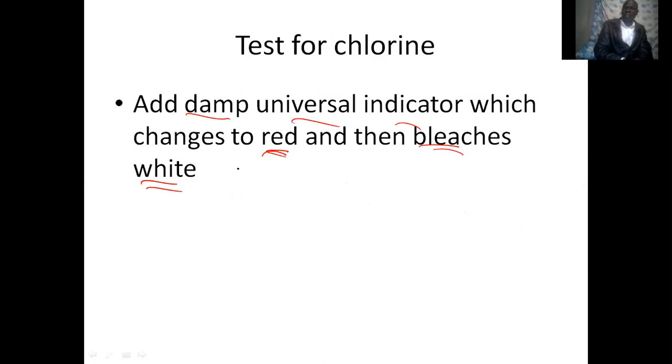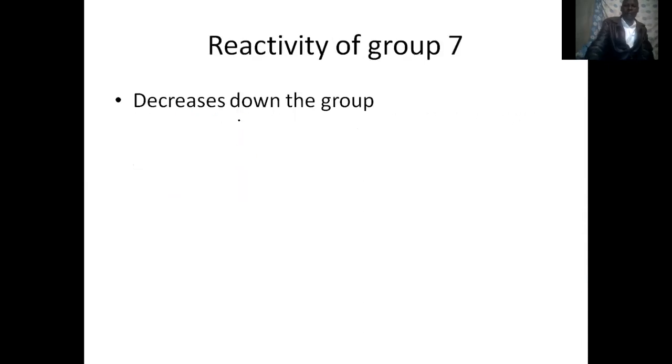So this is a test for chlorine. You expose it to a damp universal indicator, and the color will change from red to white, meaning it has bleached, it has changed the coloration of the universal indicator from red to white, meaning that it has lost its color.